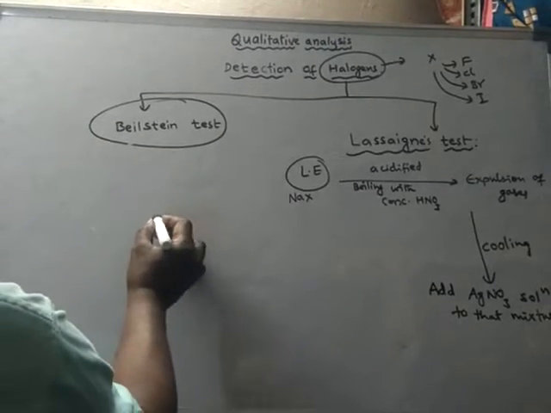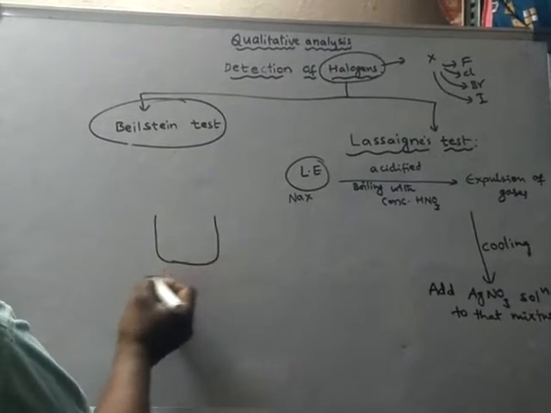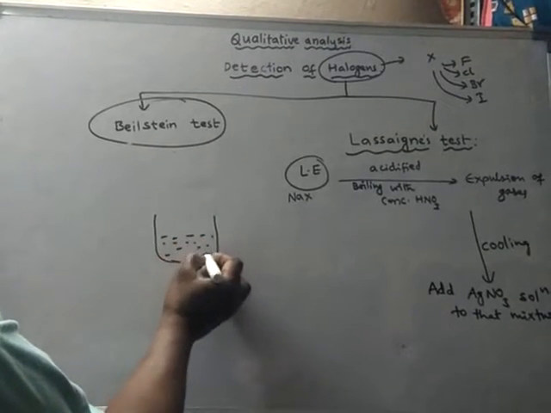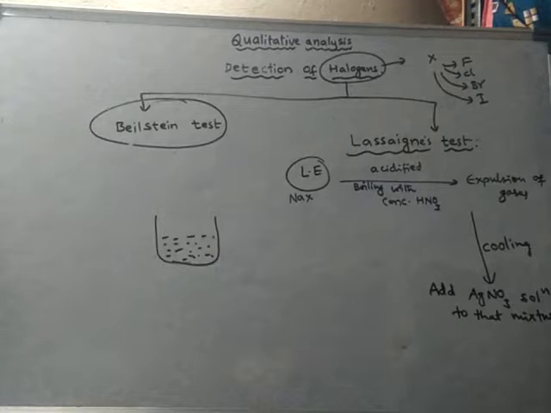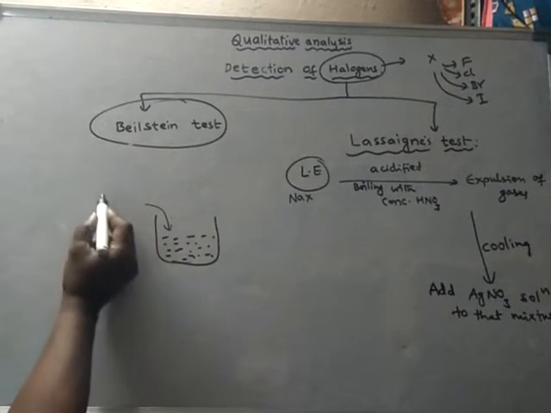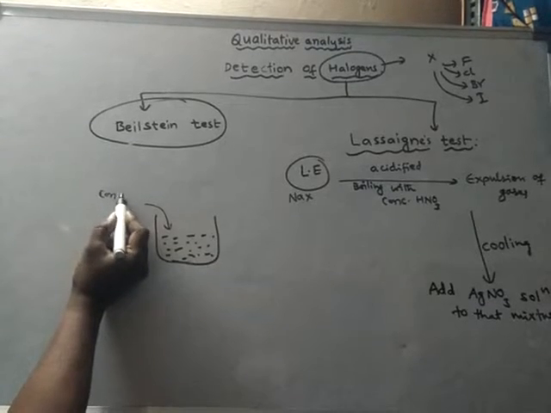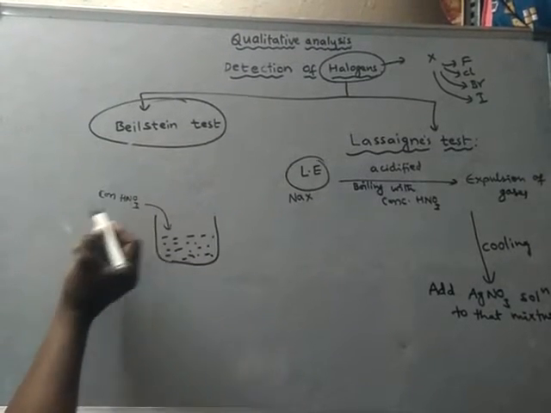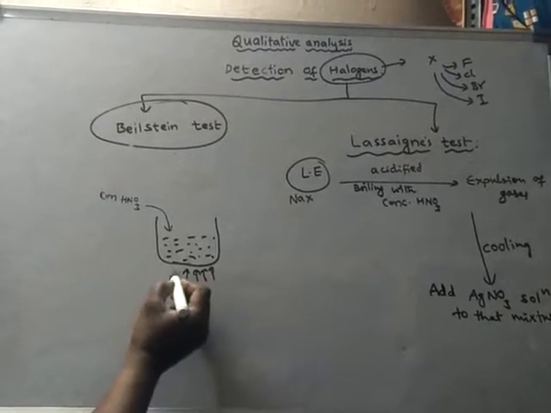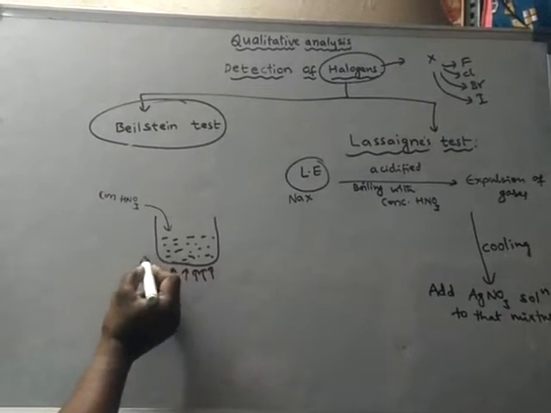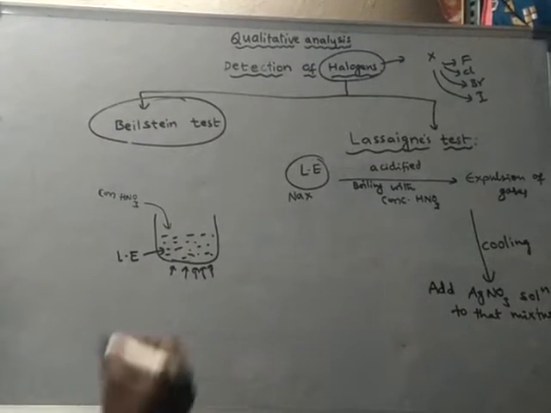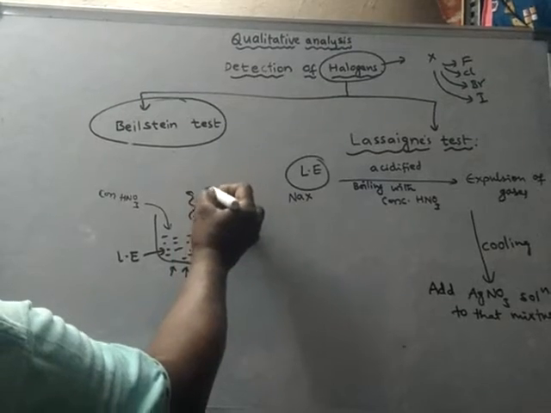For example, here this is the mixture. Initially, Lassaigne extract is present in it. We have added concentrated HNO3 to this mixture and it is boiled. The mixture has Lassaigne's extract and the concentrated nitric acid. Some of the gases are expelled.